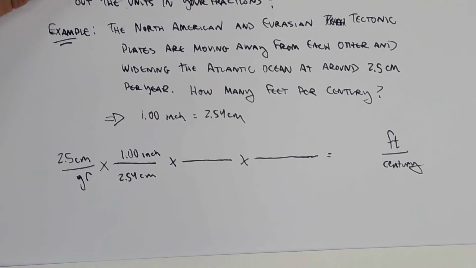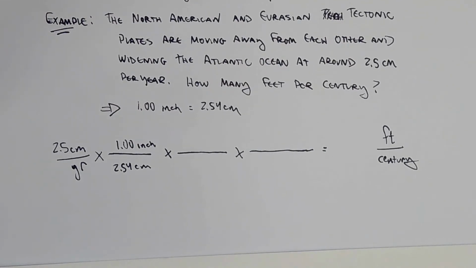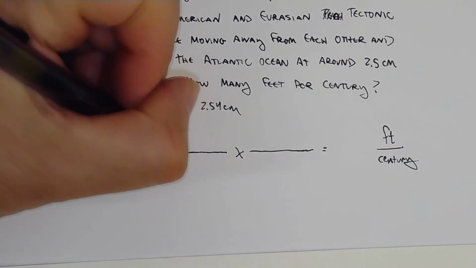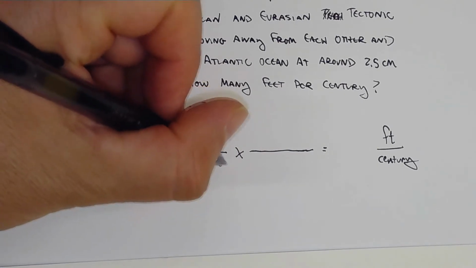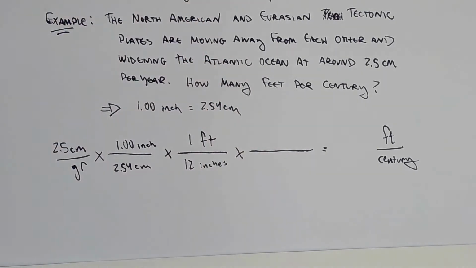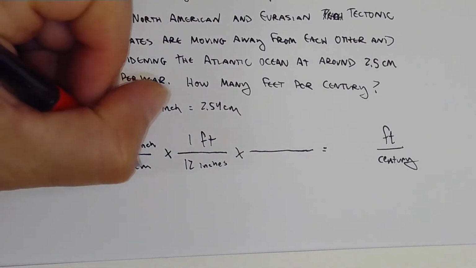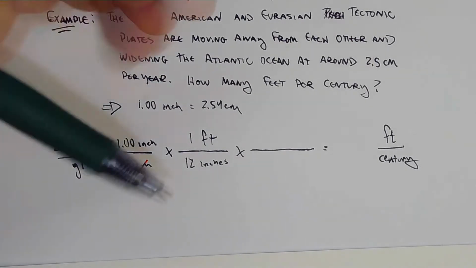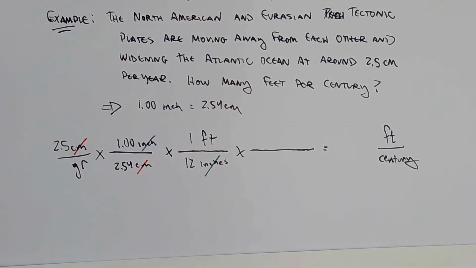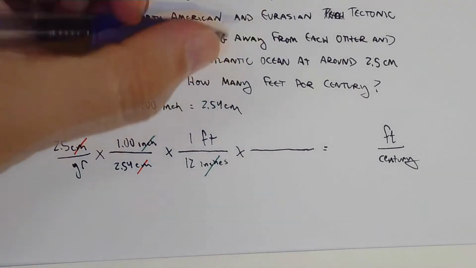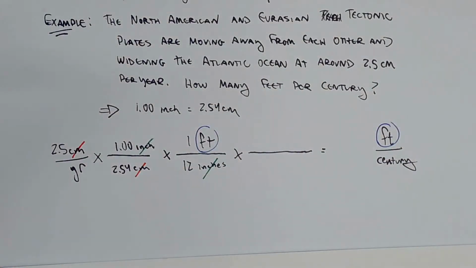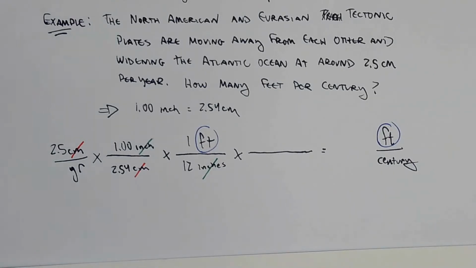For our non-American viewers, there are 12, the wonderful, what is it called? The imperial system of measurement. So 12 inches per foot. And so we're going to go 12 inches in 1 foot. And if we do our little analysis here, centimeters cancels with centimeters, inches cancels with inches, and we're going to be left with feet. So we're done on the top, exactly like a normal problem would be.